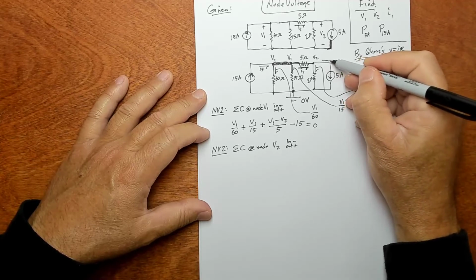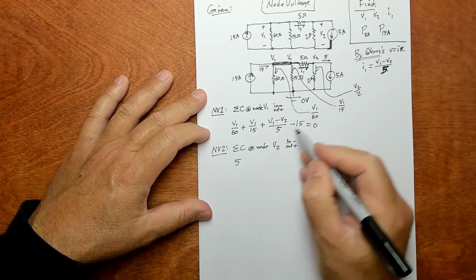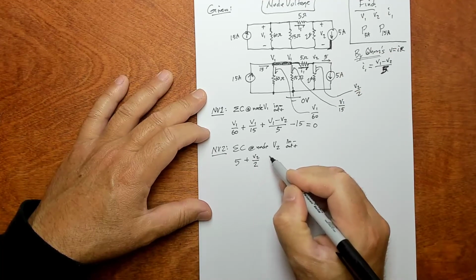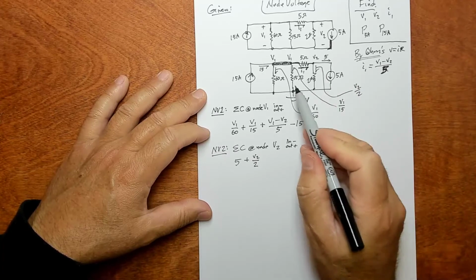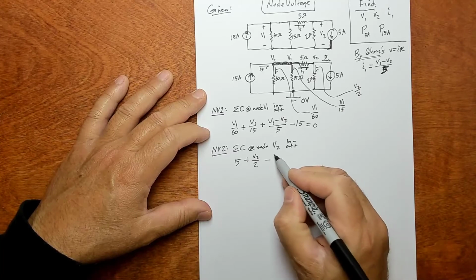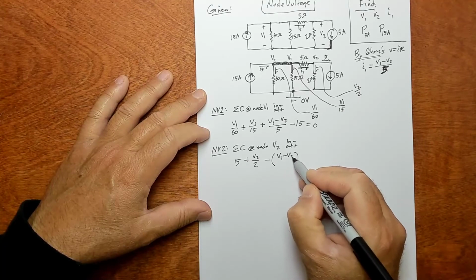And then I've got 5 coming out of here. So this expression is going to be 5 amps coming out, this guy, and then V2 over 2 amps coming out, this guy. And then coming into this V2 node, so in is negative, and don't forget, it's the quantity V1 minus V2 over 5.